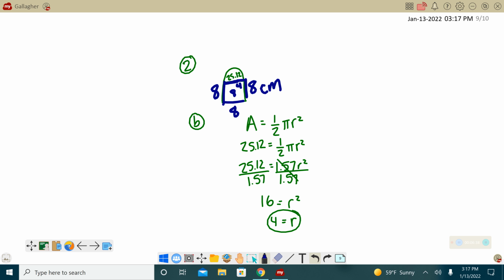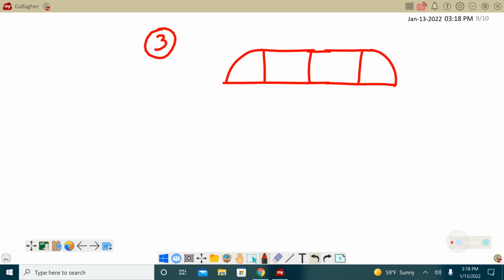So now we're going to start number 3. So I've sketched the picture that you see in number 3, and it says that we have this window that's made up of squares and 2 quarter circles, and they want to know how much glass is going to be needed. It says the span of this window is 12 feet across the bottom.